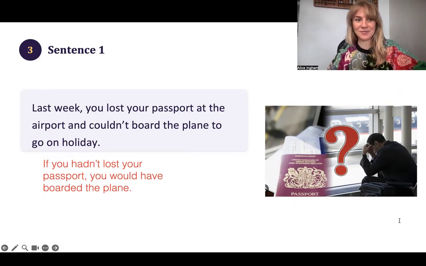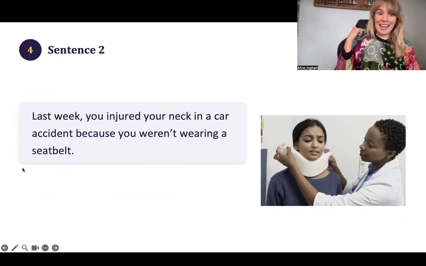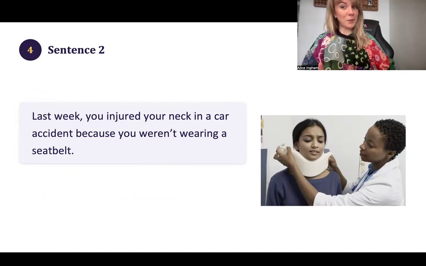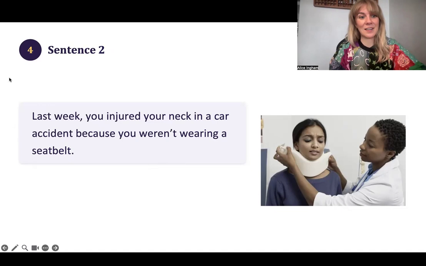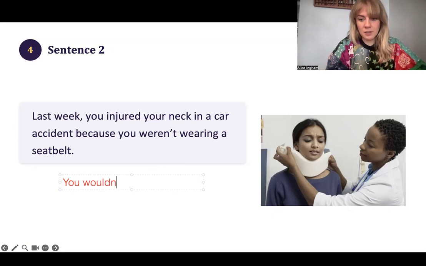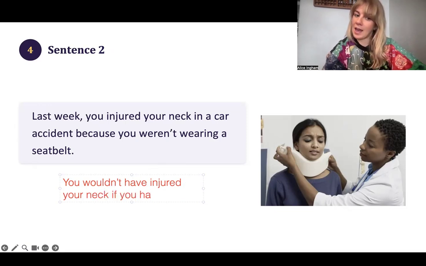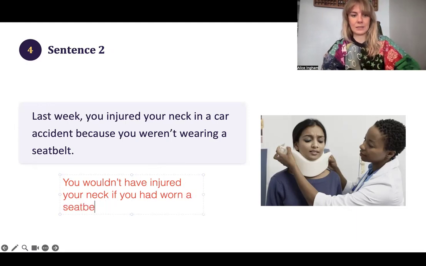Okay, let's do the second one. The second practice. So, last week you injured your neck in a car accident because you weren't wearing a seatbelt. Oh dear. So, let's write the third conditional for this example. You wouldn't have injured your neck if you had worn a seat belt.